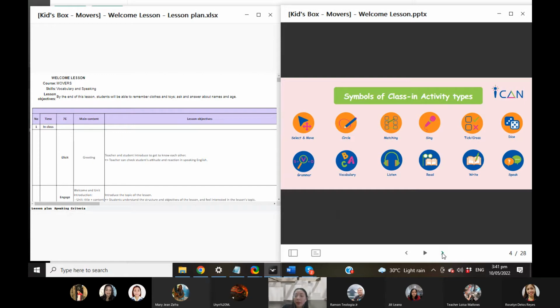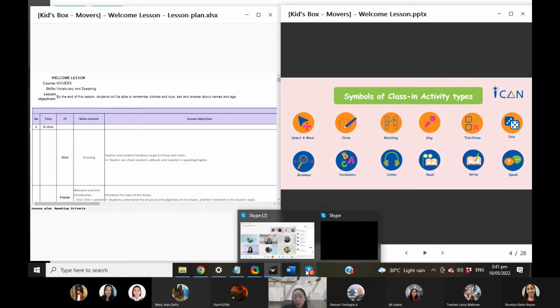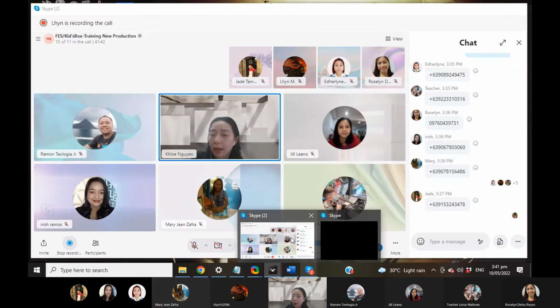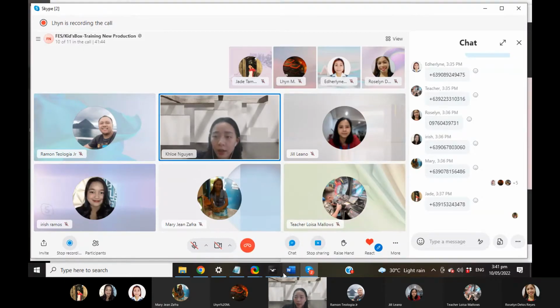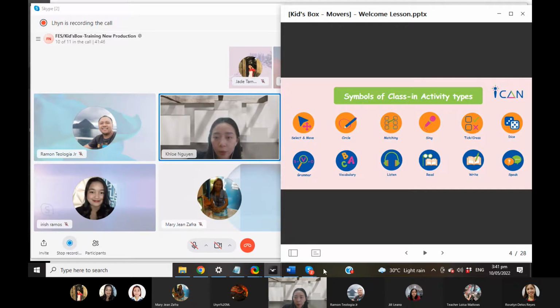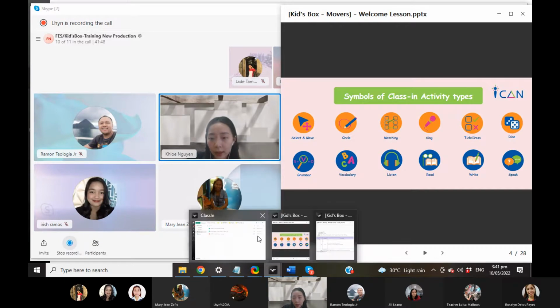Here we're gonna guide them how to use all of these things, from select and move, circle, match, for example, tick and cross, how to use all the tools here. Because later when they come to the test, they will not struggle to do other things.